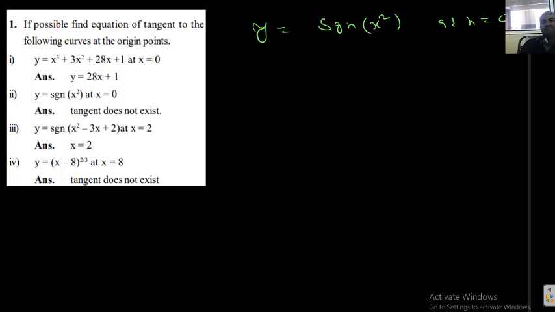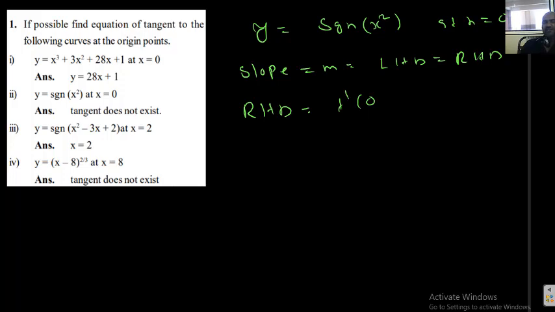Okay, so slope m equals LHD equals RHD, if it exists. So I want to find RHD, that is f dash of 0 plus, limiting value of f of 0 plus h minus f of 0 by h, h tending to 0.